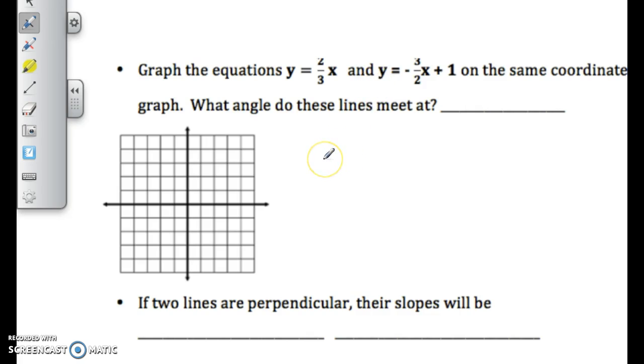And determine what angle those two lines intersect. The intersection of the two lines, what angle do they make, basically? So this has a y-intercept of 0, up 2 over 3, or I can go down 2 over 3, make my line.